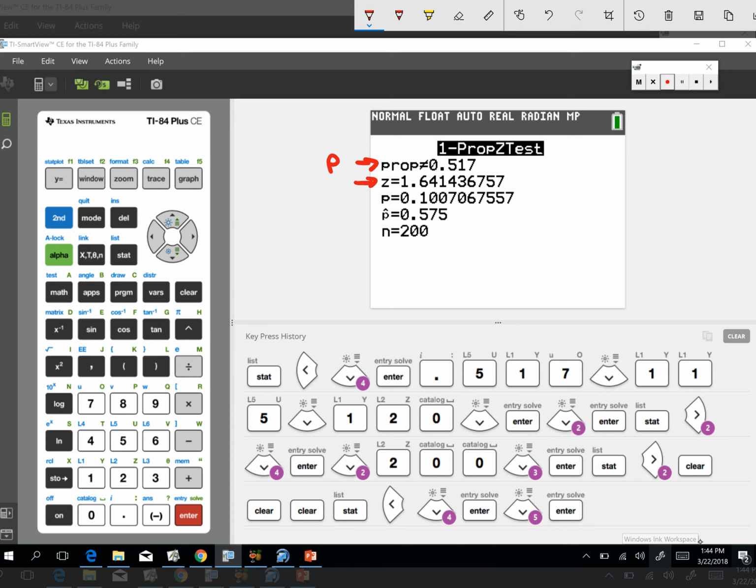This z, that's our test value, not critical value. This p is our p-value. So with this particular test, we have to be very careful that the little lowercase p the calculator gives us is our p-value, not our population proportion. The calculator is not going to change that. So our population proportion was the 0.517. So just be careful when using the calculator for p-value with proportions.